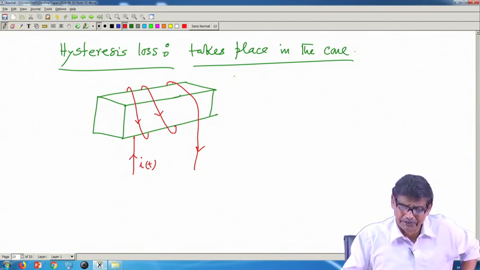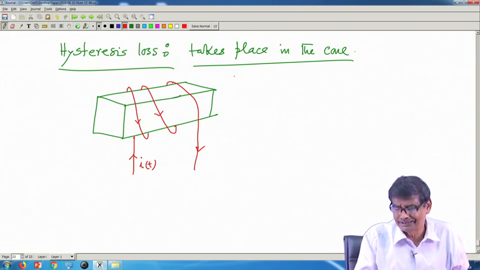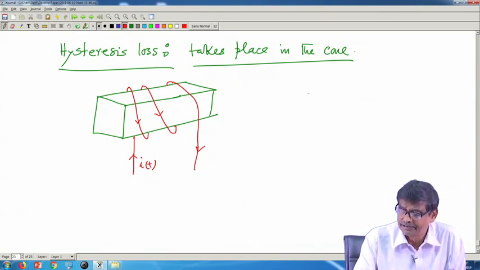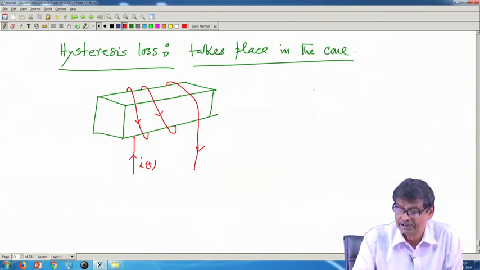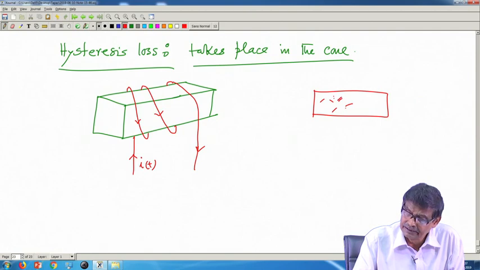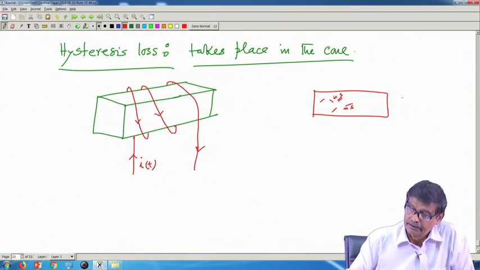It is because of the fact, we will not go to the quantum level, but we can understand there are tiny magnets, at molecular level, small magnets in any ferromagnetic material like this, north south, they are tiny magnets already existing in a ferromagnetic material.